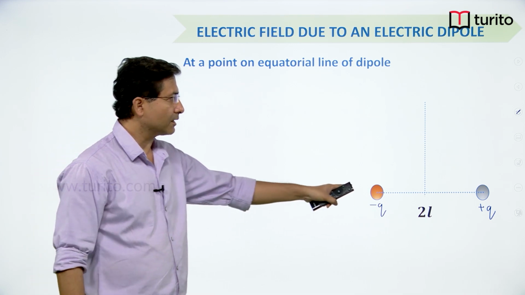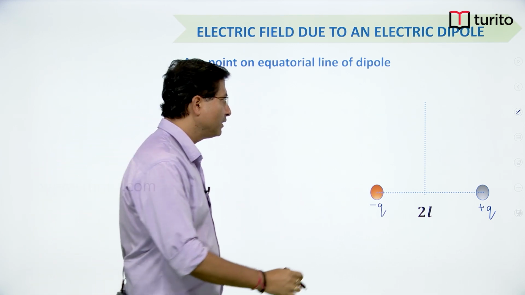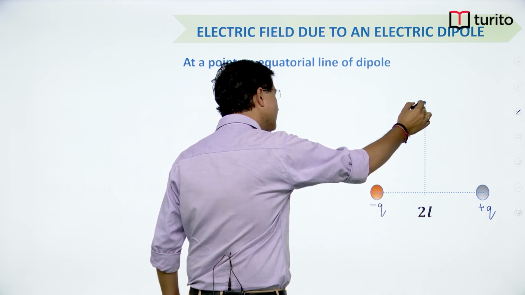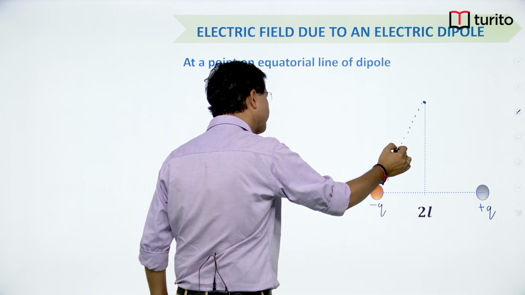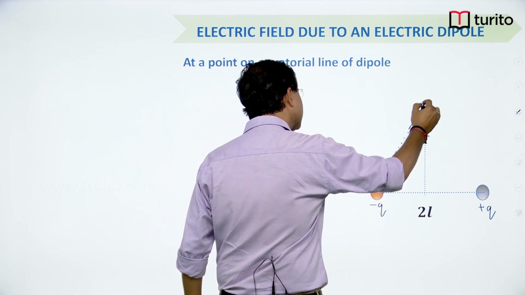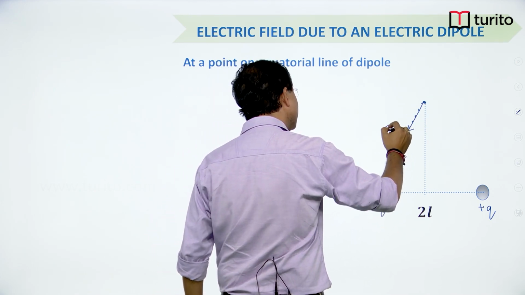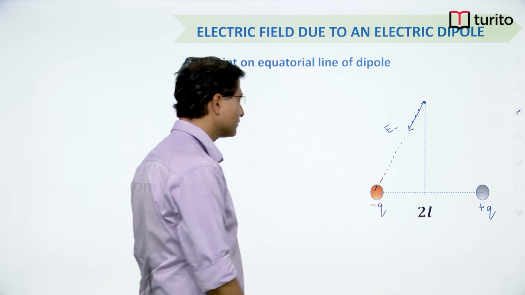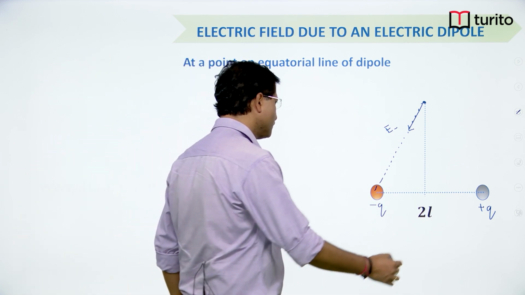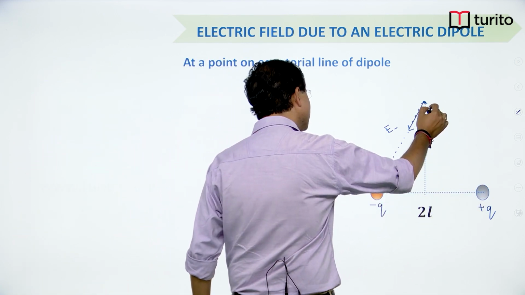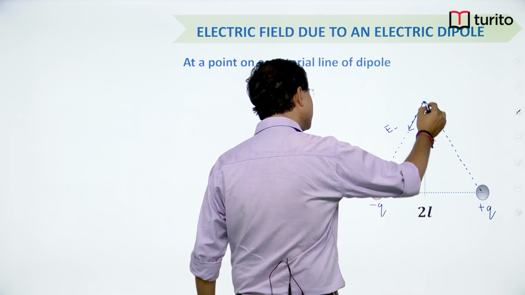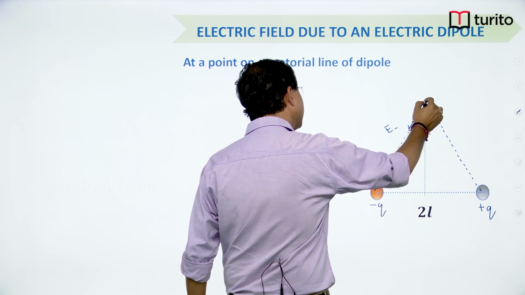So, due to this negative charge, field will be towards the charge. At this particular point we want to find out the field, along the line joining, and the direction of field will be something like this, the field produced by the negative charge. This positive charge will produce field along the line joining, directed away.